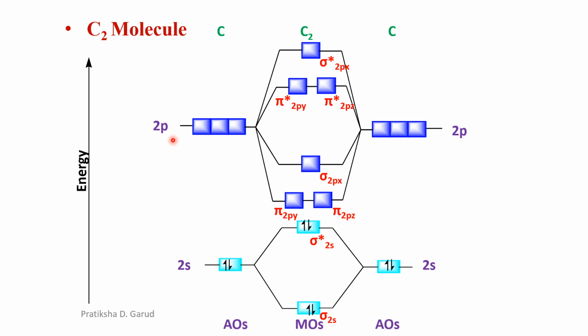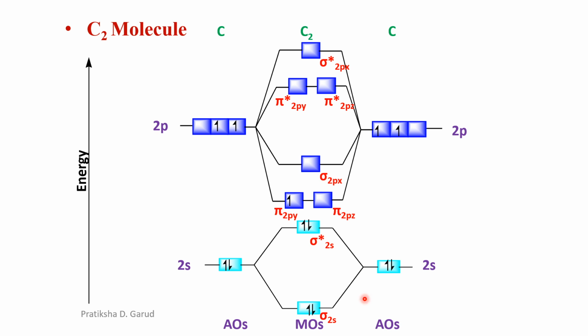Now in case of the 2p, we have 2 electrons in each carbon. So this is the first electron, this is the second electron. These electrons are filled according to Hund's rule of maximum multiplicity. There are a total of 2 plus 2, 4 electrons, and we have to put these 4 electrons in the MOs, again using Hund's rule of maximum multiplicity.